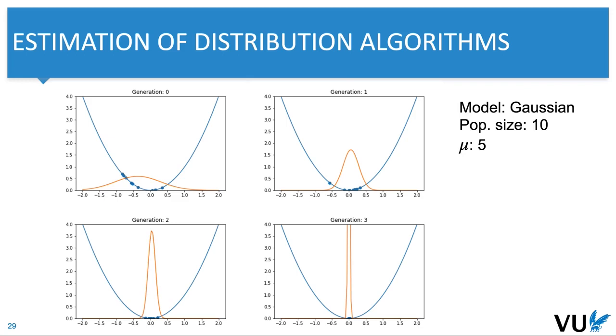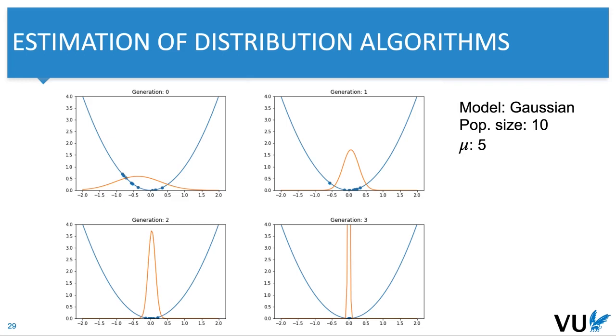Oh, of course, sorry, I forgot about the selection step. We generate more points, we evaluate them, we select the 10 best, and we have a new Gaussian distribution, right? Now you see that this is really concentrated on 0. So we again generate new points, select the 10 best, and we are in the bottom left plot.